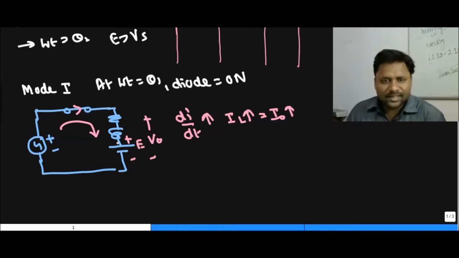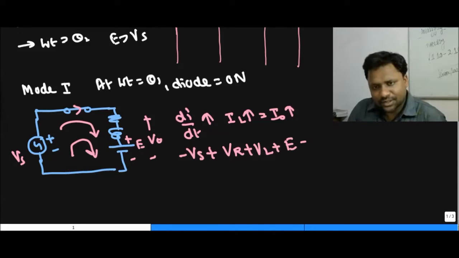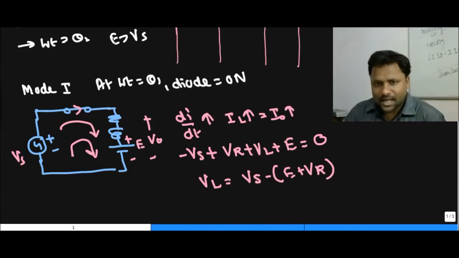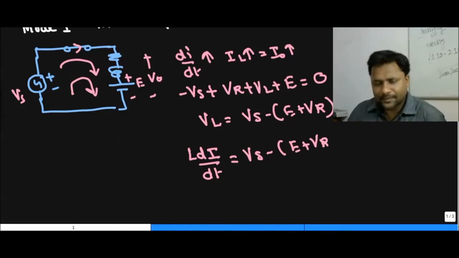If I make a loop in this fashion, it should be minus Vs plus VR plus VL plus E equals 0. So VL should be Vs minus E minus VR. And we know that VL equals L di upon dt, which equals Vs minus E minus VR.